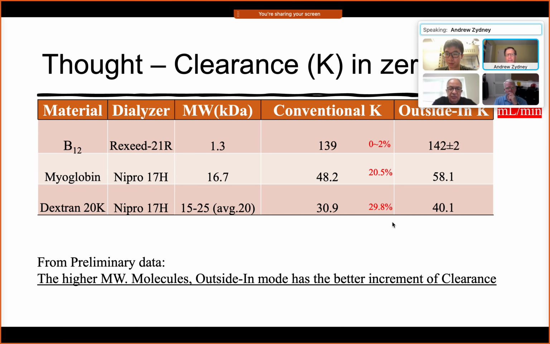Whereas by the time you get up to myoglobin or a 20K dextran, even though the net ultrafiltration rate is 0, the fact that you have this Starling recirculation flow does provide a significant contribution to the overall rate of mass transfer.